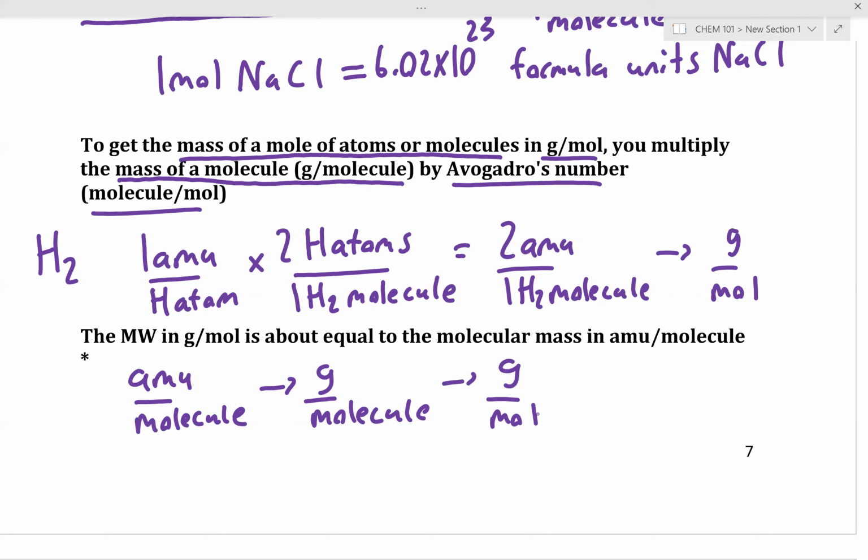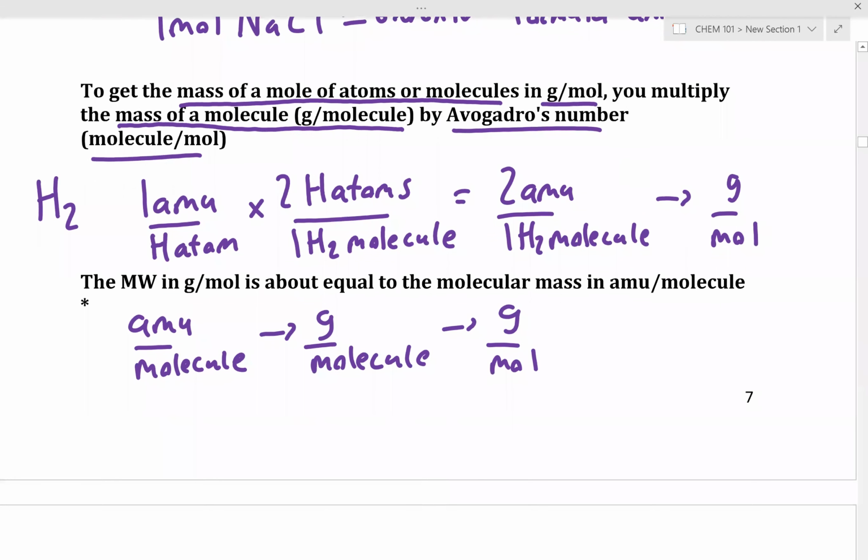So let's write out our initial input. We have 2 AMU per H2 molecule. My question to all of you is, if we want to go in our first conversion from AMU to grams, do we know that conversion? Can we go between AMU and grams? Yes.